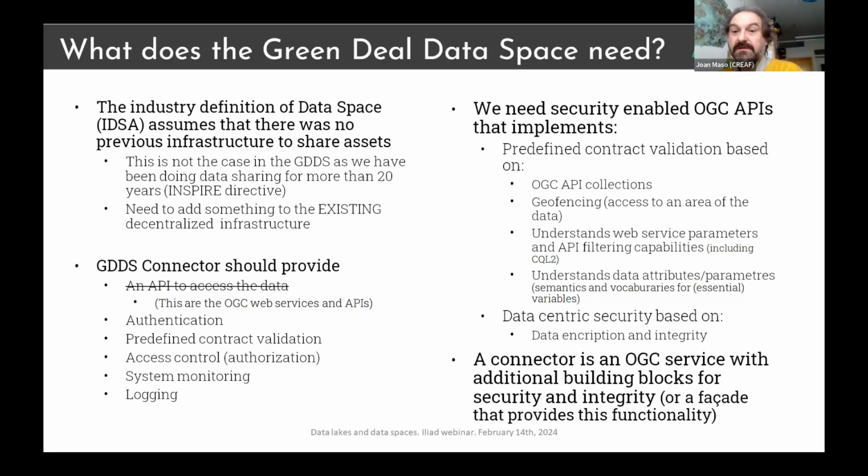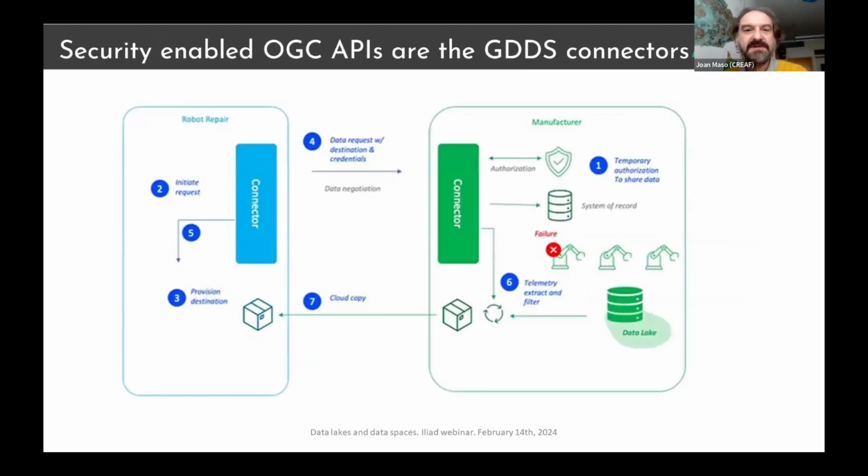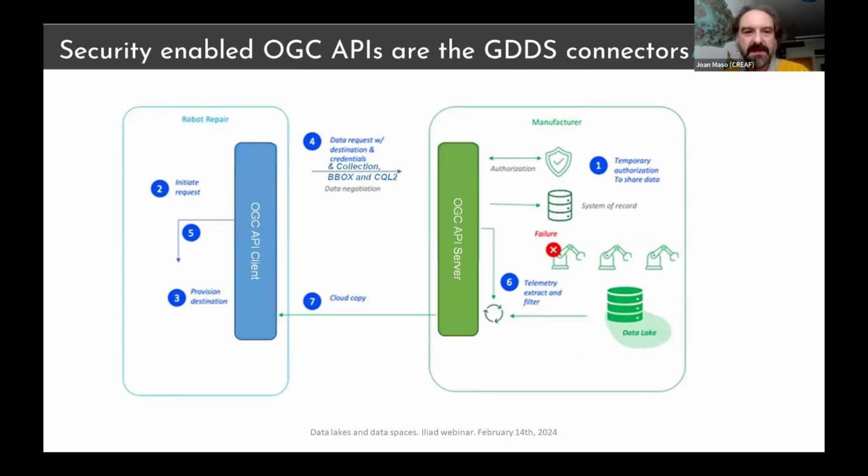A connector, actually, in this view, is just an OGC service that has additional building blocks for security and integrity, or maybe a facade that provides the same functionality in front of the actual service. So from my point of view, the security-enabled OGC APIs are actually the Green Deal data space connectors.